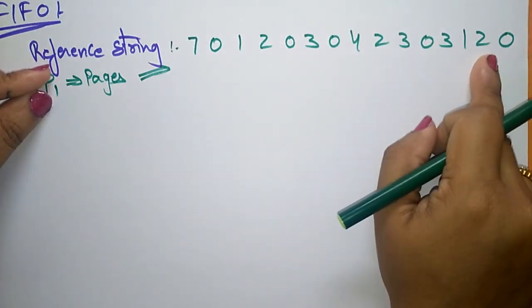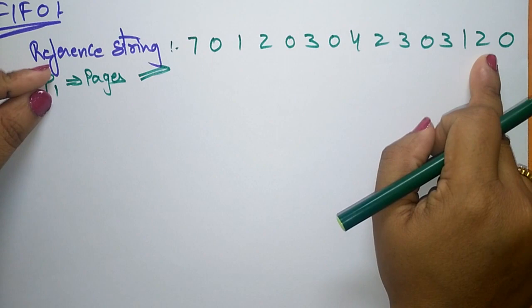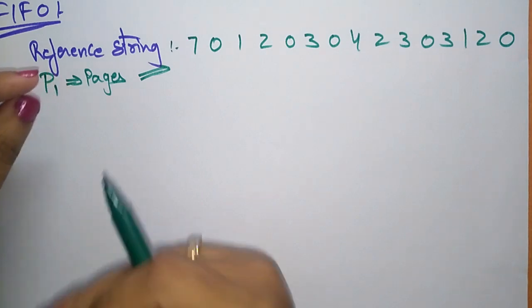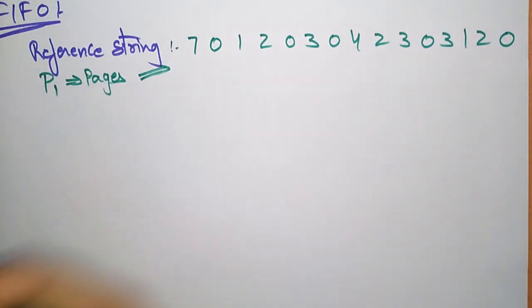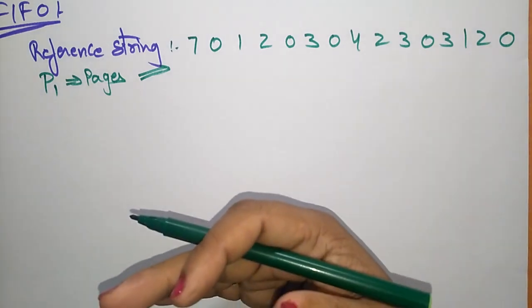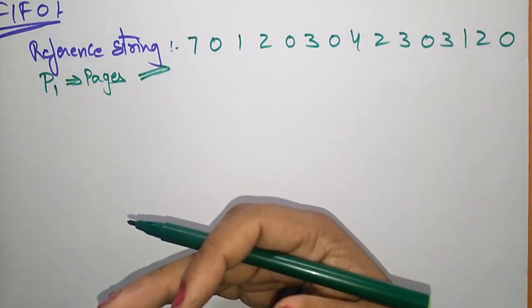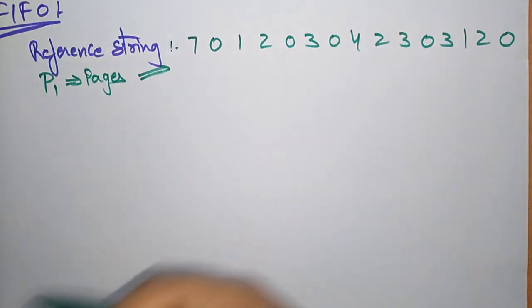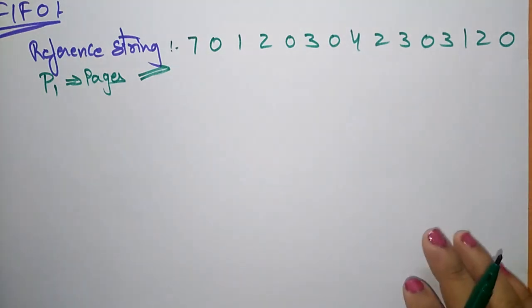So it has to bring that reference page demanded by the CPU from disk. If the page faults are more, then CPU time is wasted, because the disk is slow compared to the main memory.